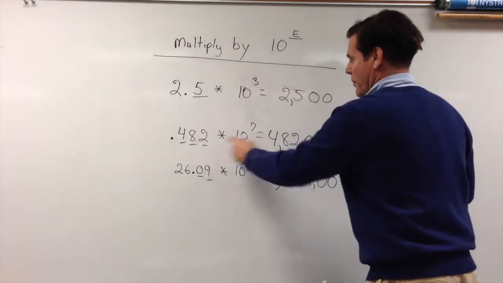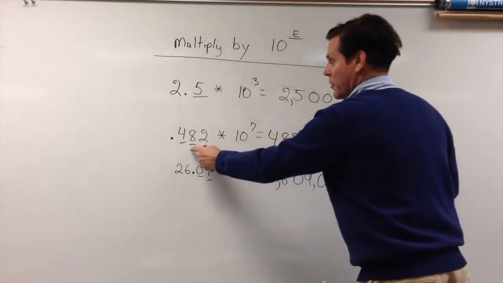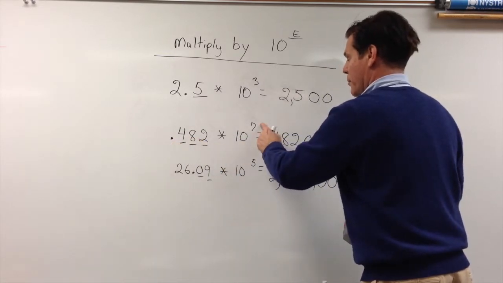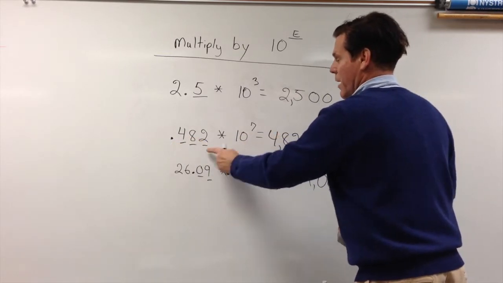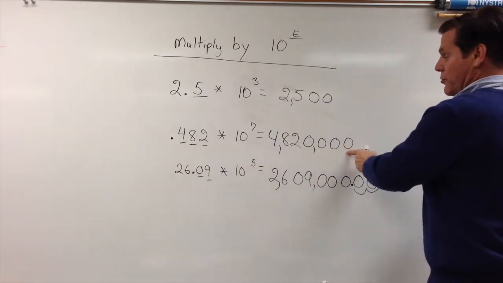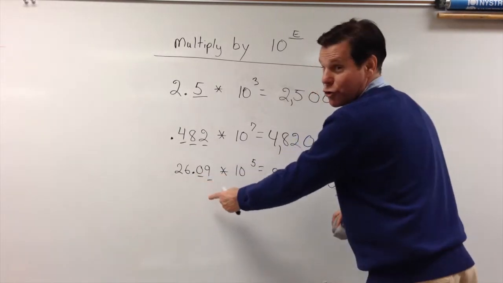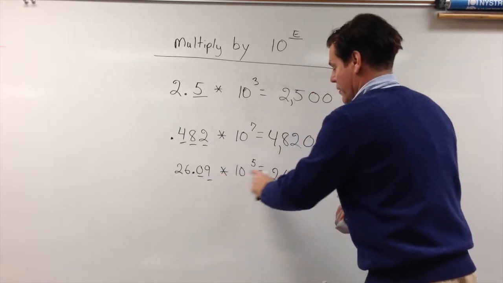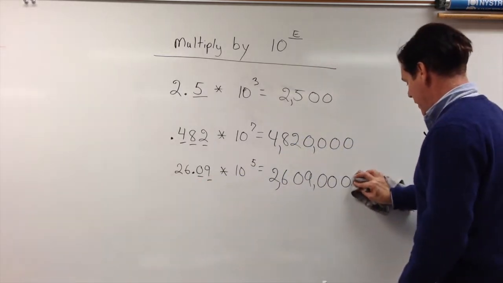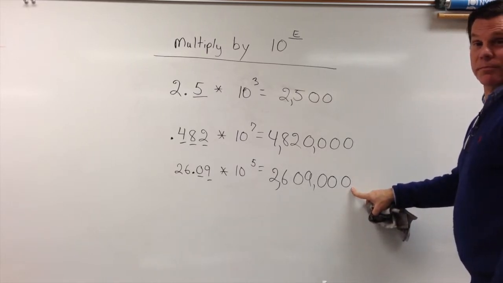In this one I'm going to put 7 zeros, but since I'm going to move the decimal in 3 spaces because of my decimal position here, instead of putting 7 zeros, 7 minus 3, I'm just going to put 4 zeros down. Notice on this one right here, I'm going to have my number with 2 decimal places. So 5 minus 2 decimal places. Notice in my final answer, just 3 zeros.